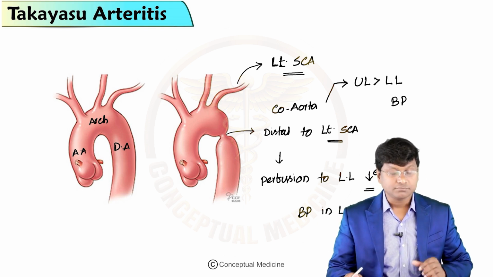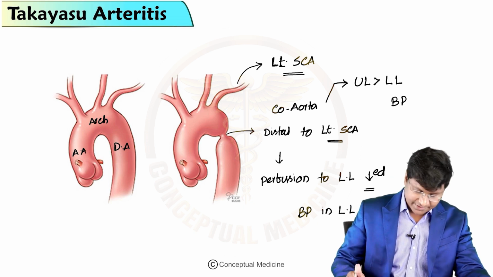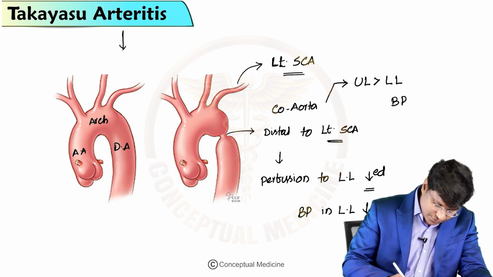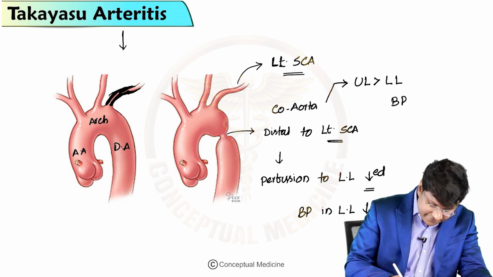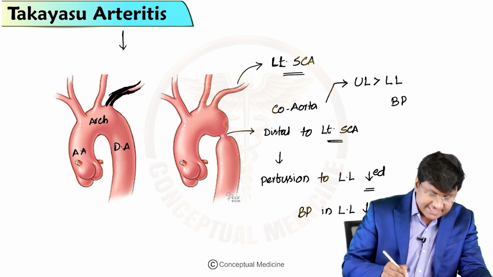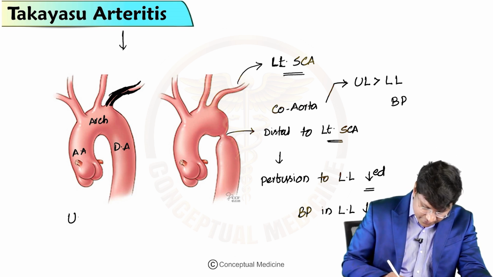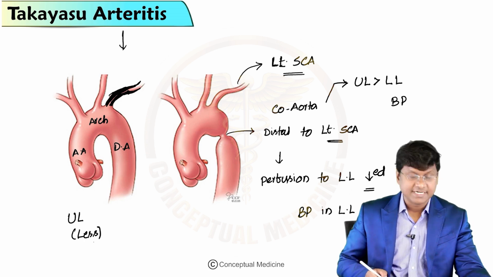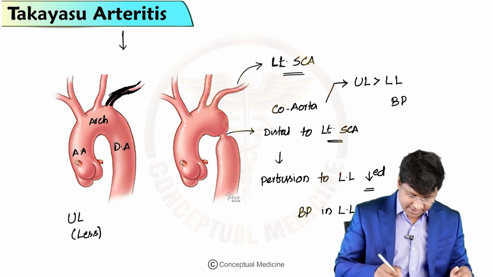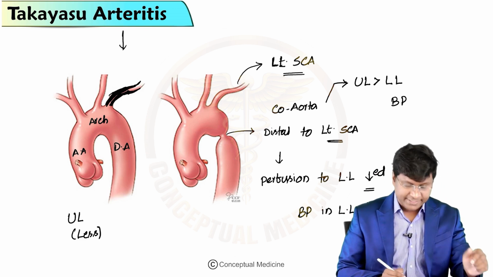But in case of Takayasu, what will happen? You see here, it is the subclavian artery which is being narrowed, it is being inflamed. So when the subclavian artery is inflamed, the blood supply to the upper limb will be less compared to the blood supply to the lower limb.